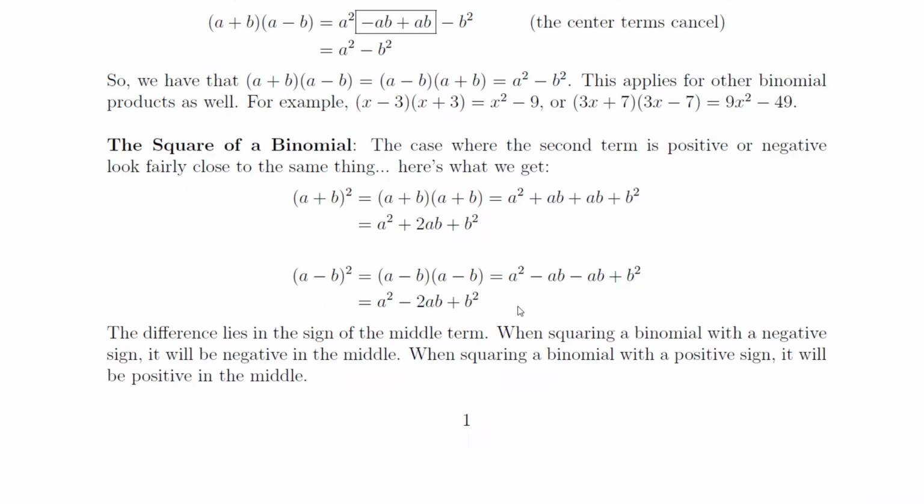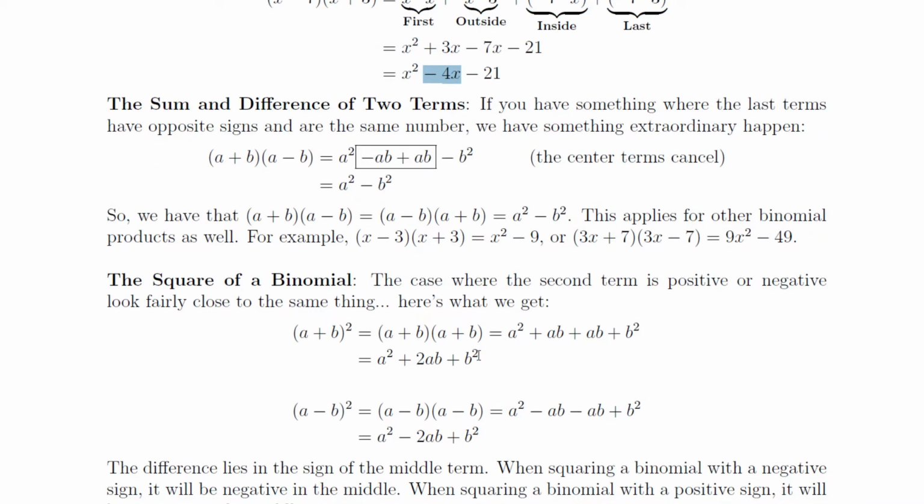Down below, these are just special cases of sum and difference of two terms. So if I have, say for example, a plus b and a minus b, you notice how they're pretty much the same. The only difference is that the sign here is changed. You are going to get a squared minus b squared. In other words, it's just going to be this term squared and this term squared.